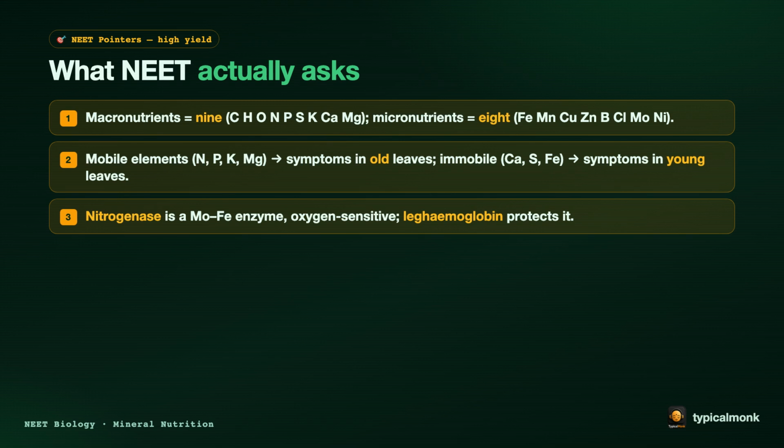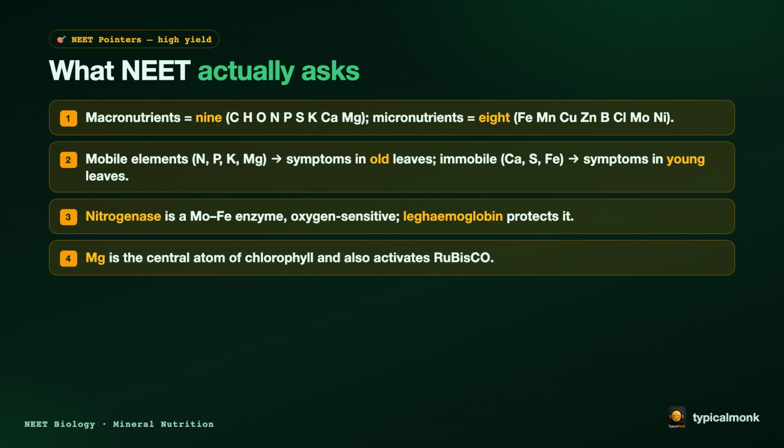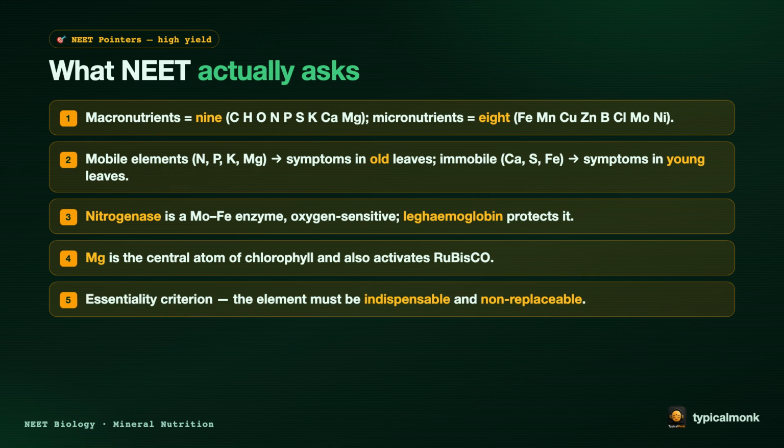Nitrogenase is a Mo and Fe enzyme, sensitive to oxygen, and leg hemoglobin protects it. 4. Mg is the central atom of chlorophyll and also activates rubisco. 5. The criterion of essentiality. The element must be indispensable and non-replaceable.